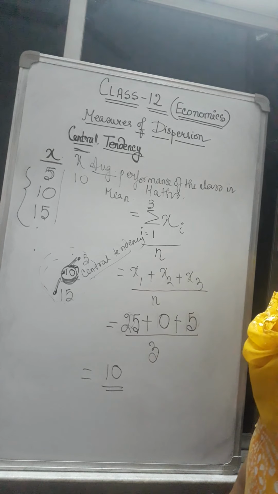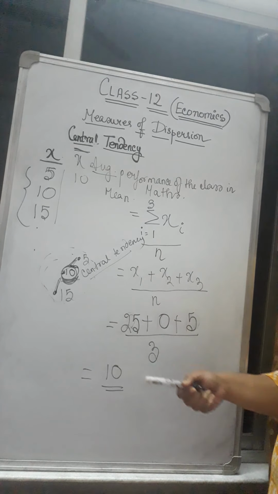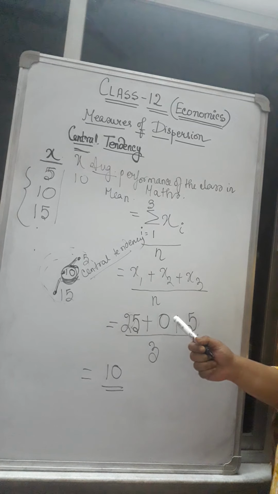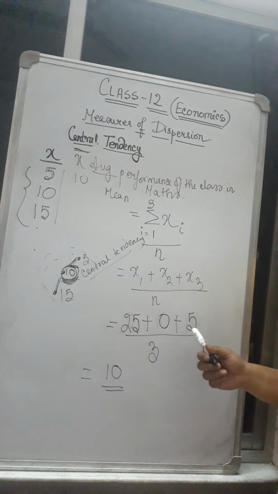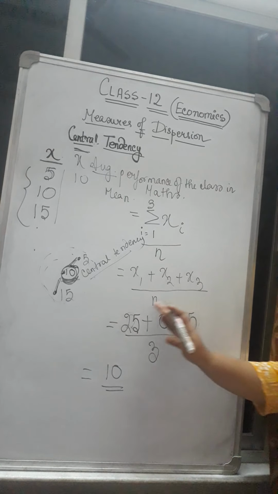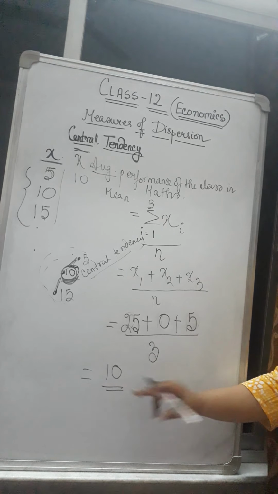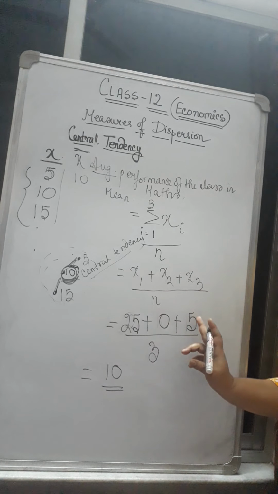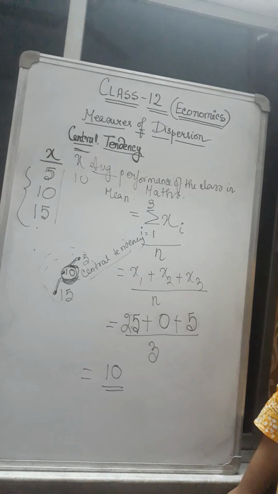So how does it look? There are 3 students, one is weak who is getting 0, another one is also weak who is getting 5, and there is one student who is good who is getting 25. But if you calculate the average result, it still gives you 10. 25 plus 5, 30 by 3 gives you 10.